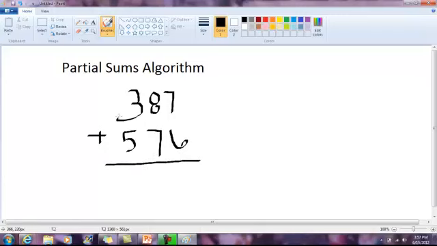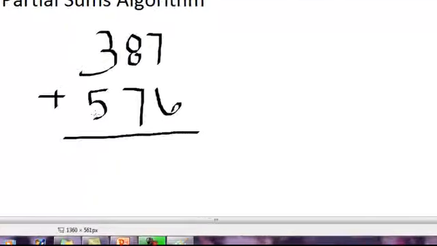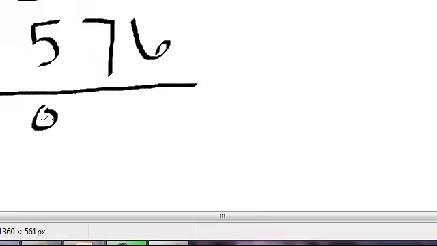For this one, you actually start on the left-hand side of the problem, which is very unusual and not what we're used to. We look right here. This is 5 plus 3, which is 8. And if you look at it, this is the hundreds column, so this is technically 800. So you're going to put 2 zeros right here.